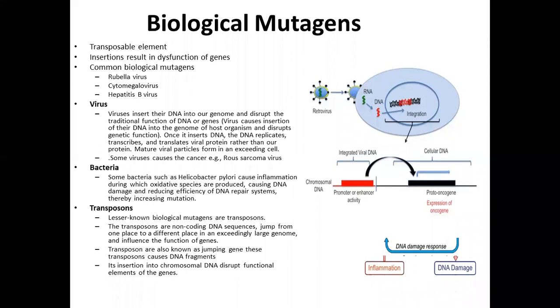The other thing is we have biological mutagens. Examples of biological mutagens include viruses, bacteria, and transposons. We are very familiar with the HIV virus, which causes the disease AIDS. Other viruses given are rubella virus, cytomegalovirus, and hepatitis B virus.